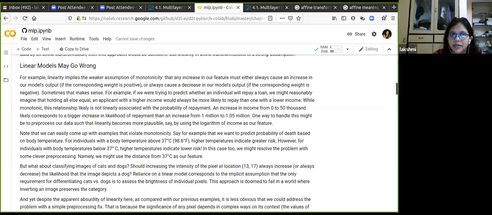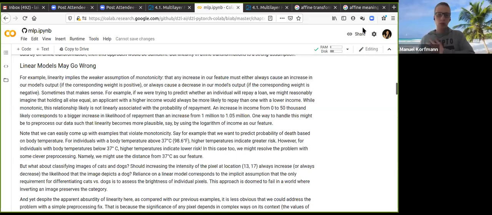But if salary increases just from 0 to 50,000, and loan repayment goes from 1.1 million to 1.05 million, that may not be a linear relationship. We cannot be sure that the person will repay that 1.05 million.